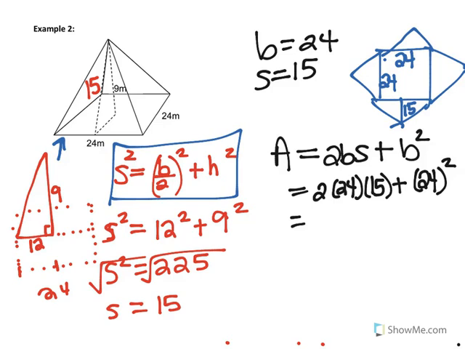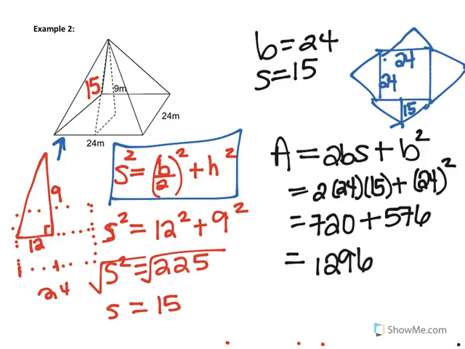If we type this into our calculator, we should get 720. We already know that 24 squared is 576 from the previous example. So altogether, the surface area of this pyramid is 1,296 meters squared.